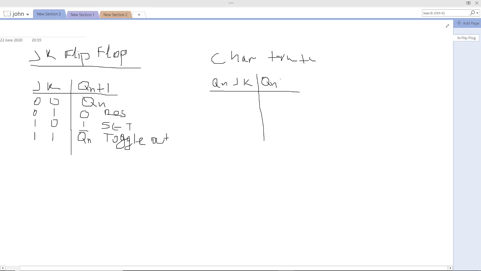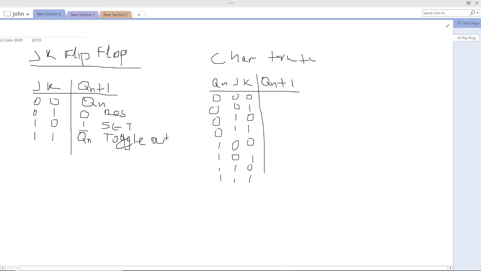The output will again be Qn plus 1. Because we have 3 variables, it should be 8 rows, so 4 zeros and 4 ones, then 0, 0, 1, 1, and 0, 1, 0, 1, 0, 1, 0, 1.